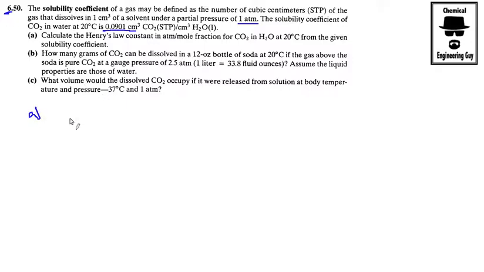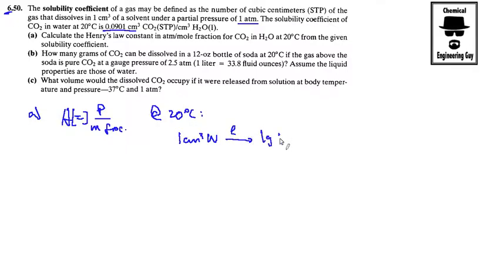They tell you by definition Henry's law is the pressure by the molar fraction. So at 20 Celsius we have 1 cubic centimeter of water. I'm going to turn it, by the density, into 1 gram of water.